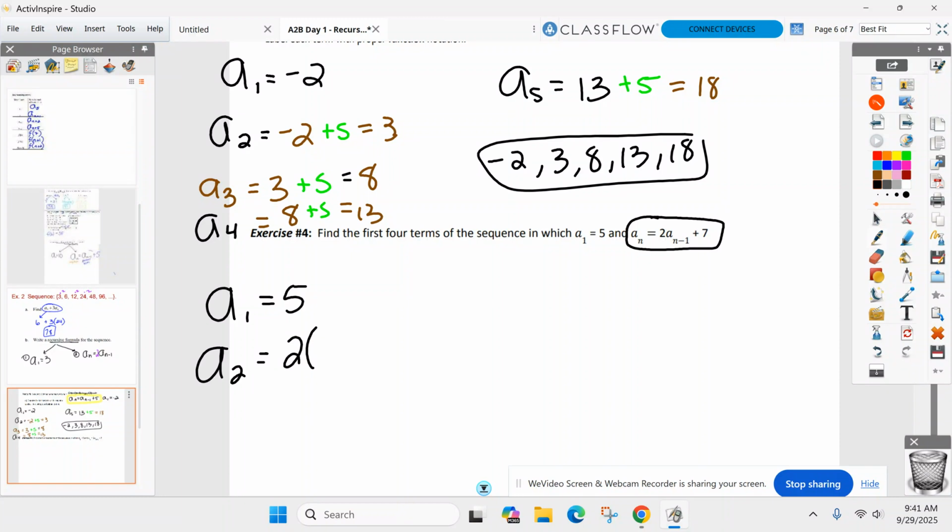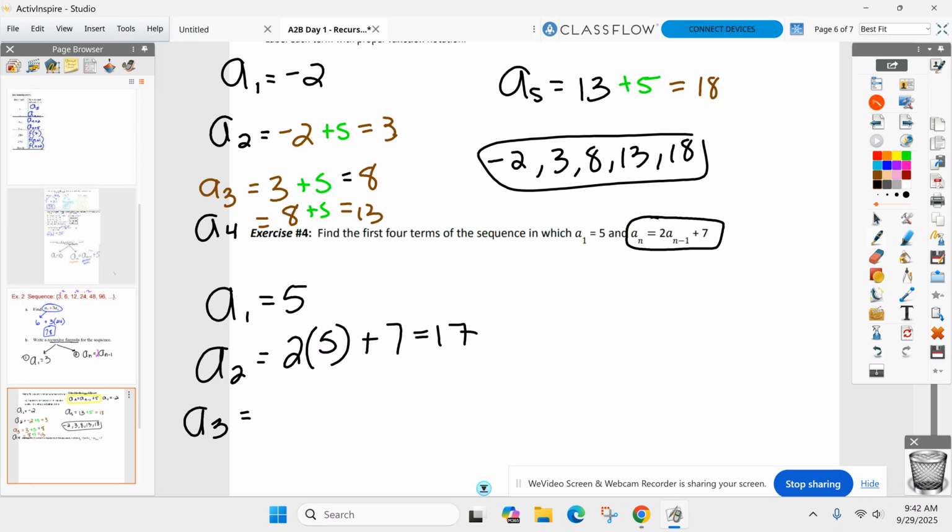That's the term before, the previous one, which for us now is 5. I take 2 times 5 and still do what though? Add 7. Finish the formula. I take 2 times the previous term plus 7. And what's that going to give me? 17? All right.